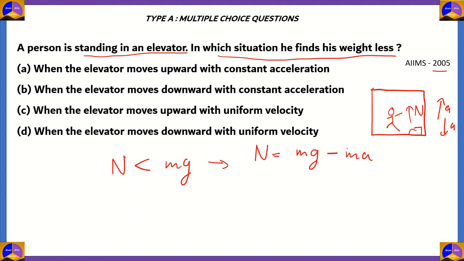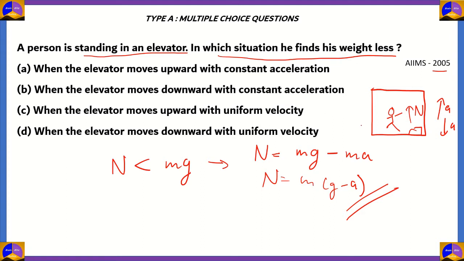So we will take the pseudo-force from the left hand side to the right hand side. So N equals mg minus ma, so m times g minus a. So at n equal to m times g minus a, the normal reaction will be less than the weight of the person, so therefore he finds his weight as lesser than usual.